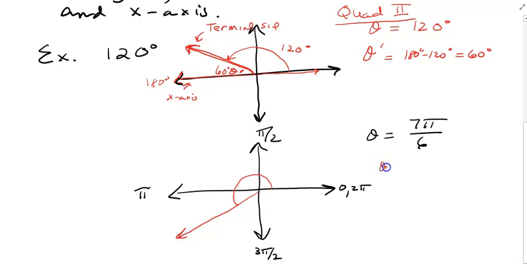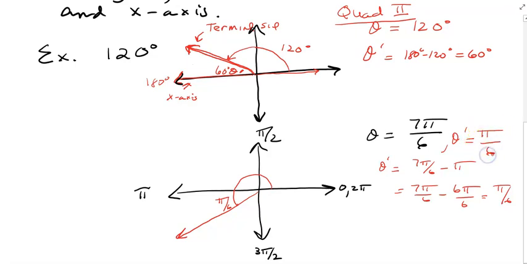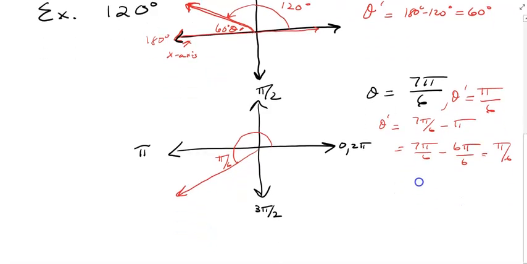I take my 7 pi over 6 and subtract a full pi, which is 6 pi over 6, and that gives me pi over 6. My reference angle equals pi over 6. Again, adding and subtracting pi or 2 pi is something you will get very used to.